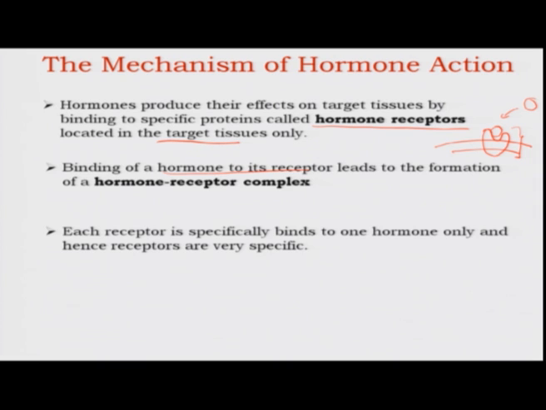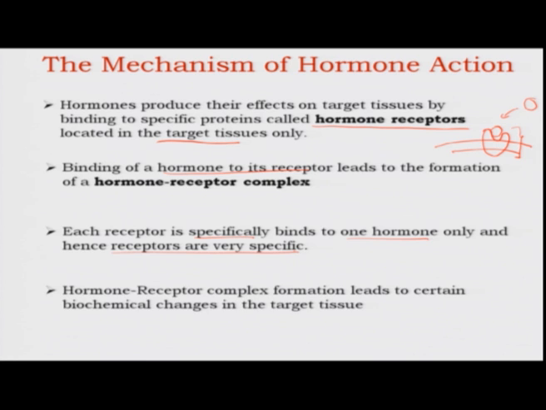This receptor, as I said, specifically binds to one hormone only and hence receptors are very specific. Hormone receptor complex formation leads to certain biochemical changes inside the cell in the target tissue, which will be manifested as the physiological function of this hormone. We will look into that in a little bit more detail in the next few slides.